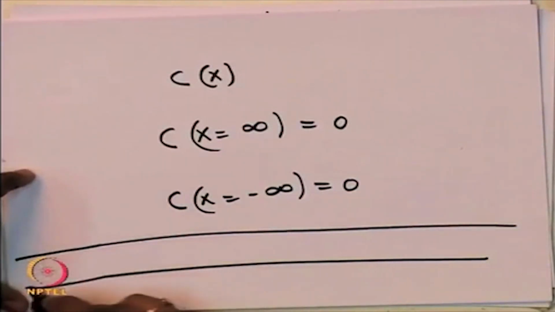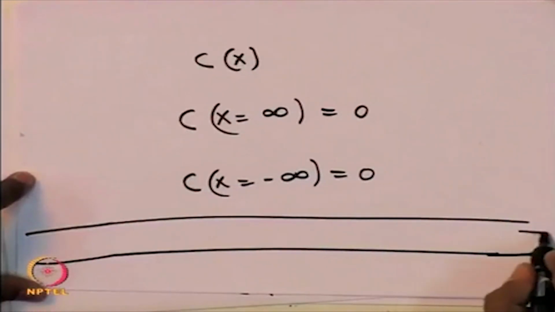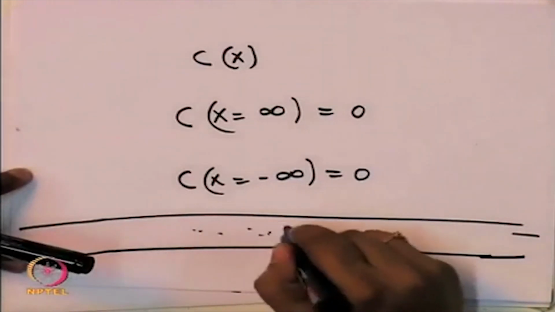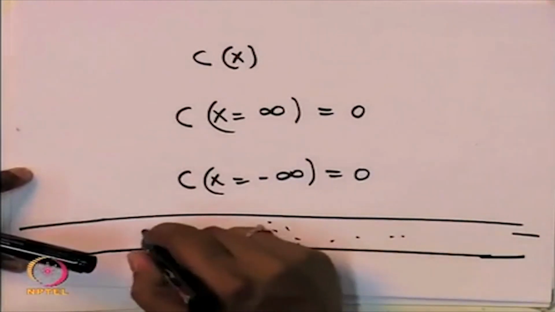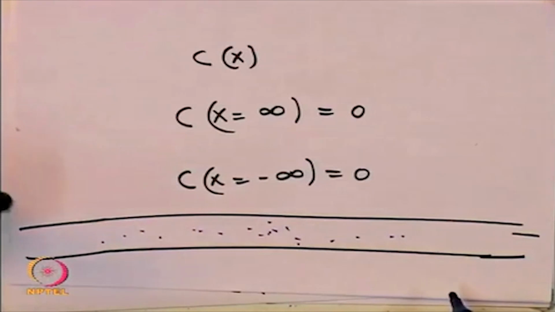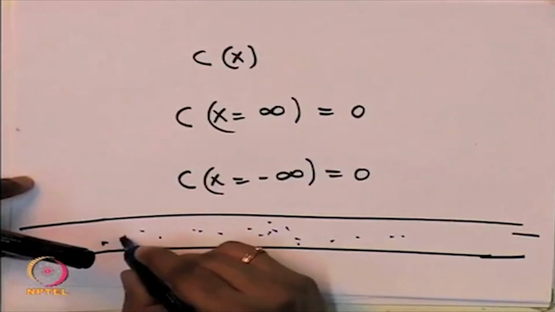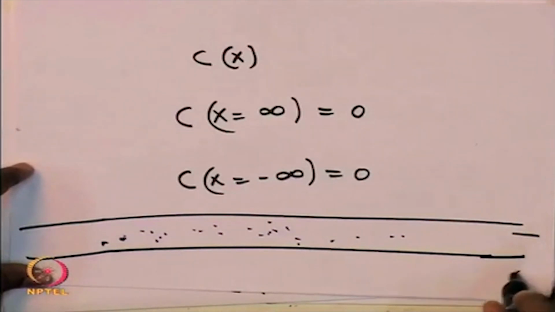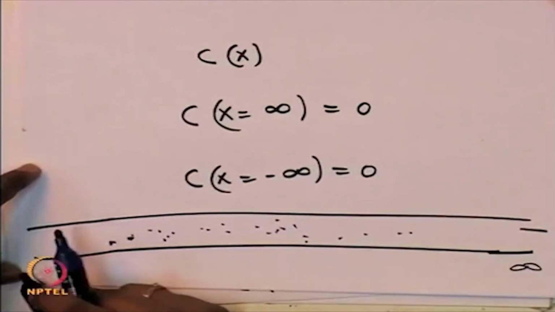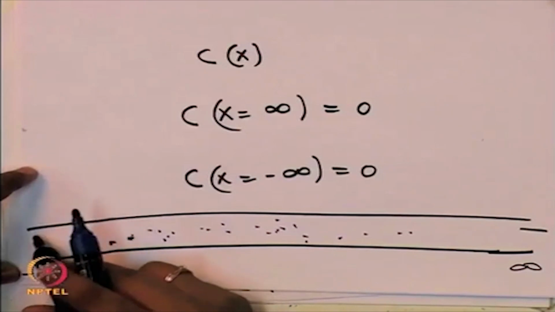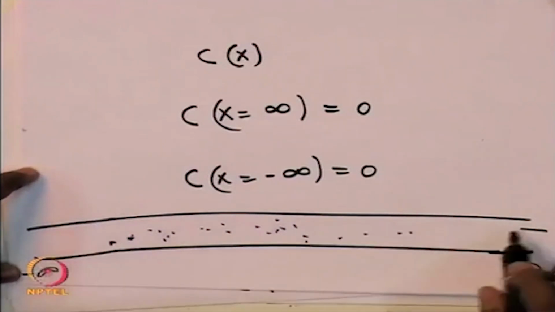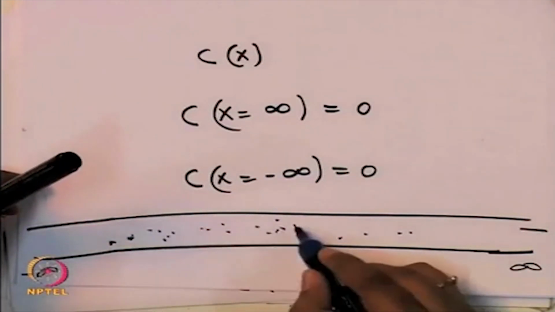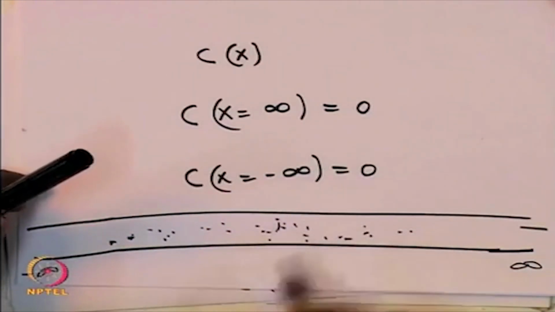If you had a pipe like this, and if we had some molecules here, after any finite time, they would not have reached far away, infinity and minus infinity. Here the concentration will be 0, here also the concentration will be 0. They will still be diffusing somewhere near the initial point.